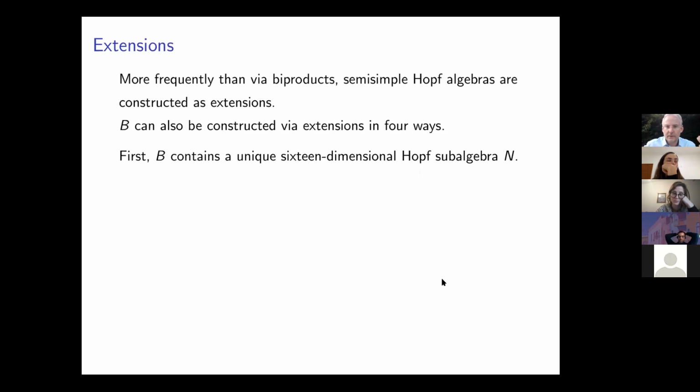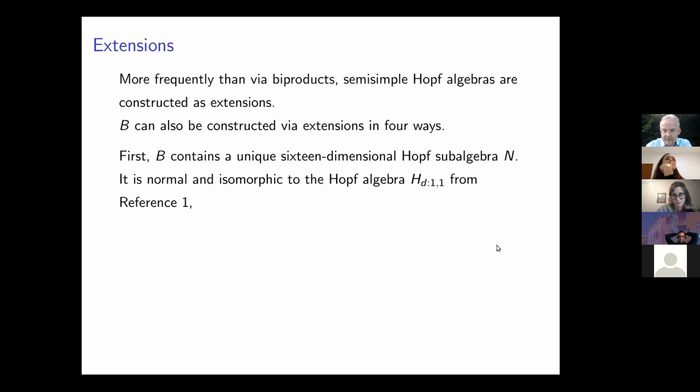So first of all, B contains a unique 16-dimensional Hopf algebra N. This is normal, and it's the item I told in reference one, Genia's classification of the dimension 16 Hopf algebras. It's the Hopf algebra HD11 from her list.